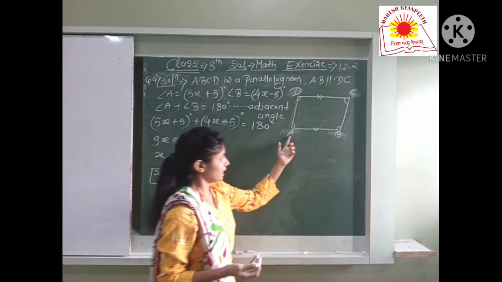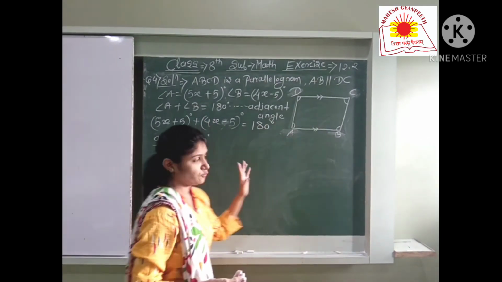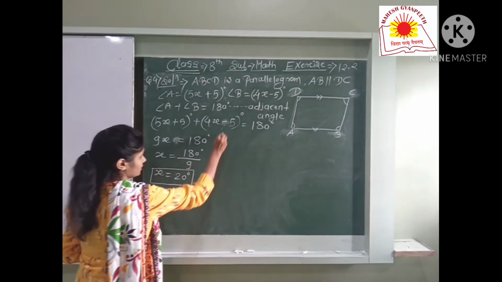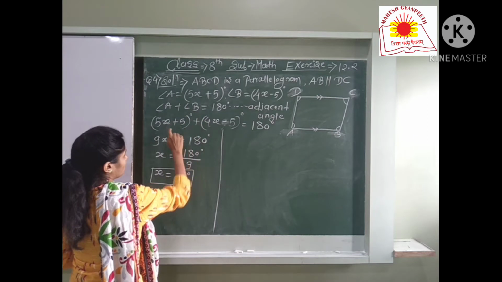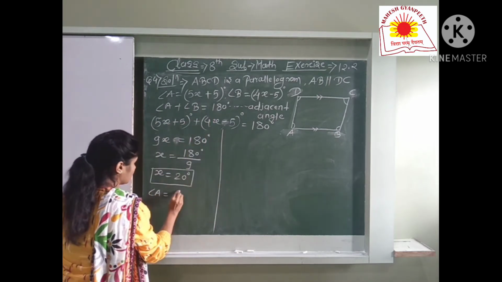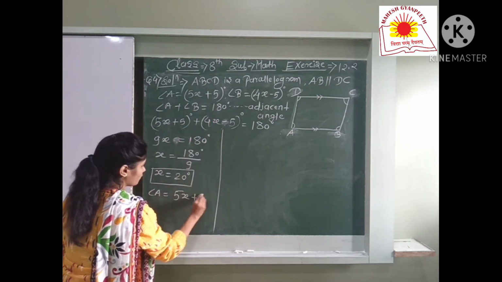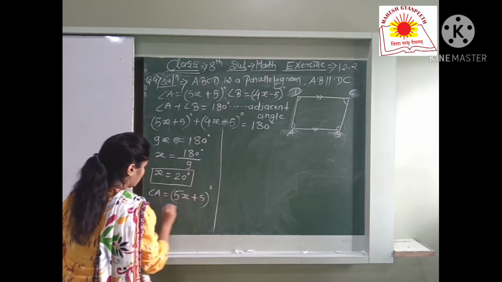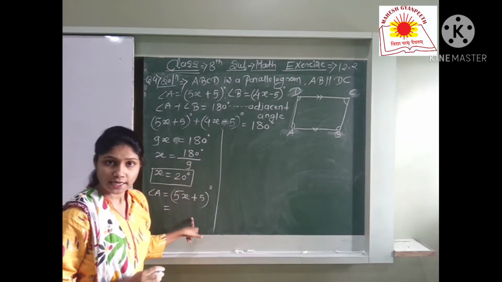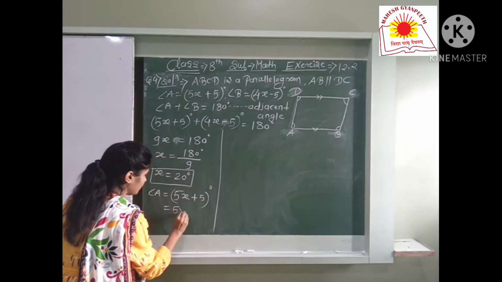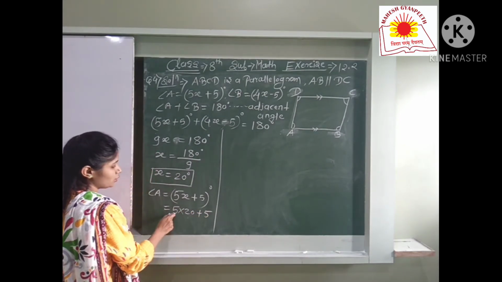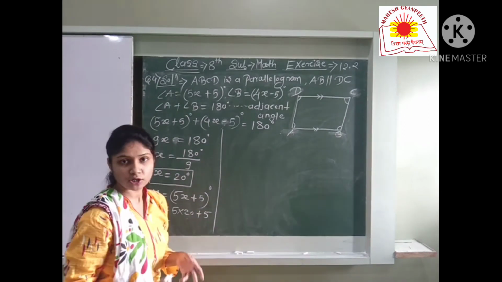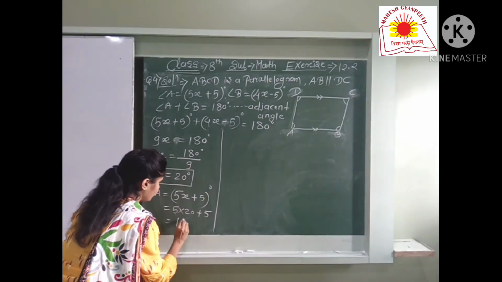Now we have to find angle A, angle B, angle C, angle D. First we have to find angle A. What is the value of angle A? It is 5x plus 5 degrees. So we have to put the value of x: 5 multiplied by 20 plus 5. 20 multiplied by 5 is 100, plus 5 is 105.